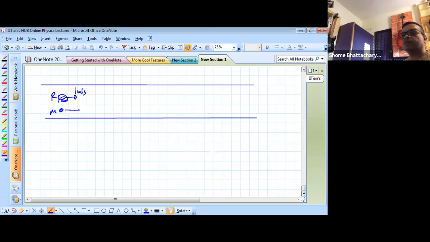The motorboat, while going downstream, is moving at 6 meters per second. This is t equal to 0. Then the motorboat goes all the way downstream and takes a U-turn at t equal to 10 seconds. How far away it is when it's taking the U-turn, that is the main thing. This is all as seen by an observer on the ground, from the ground frame point of view.